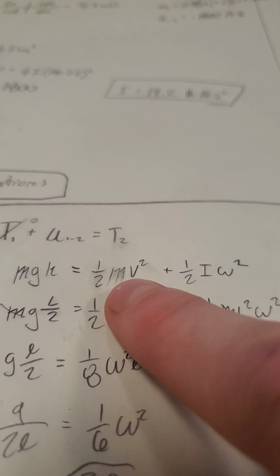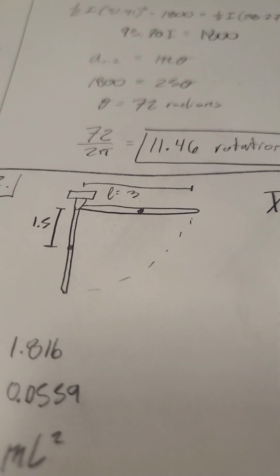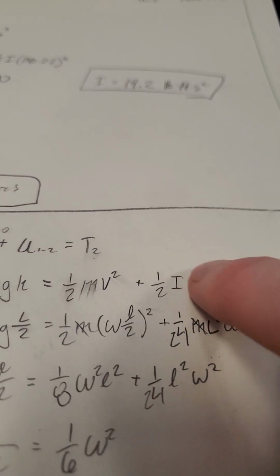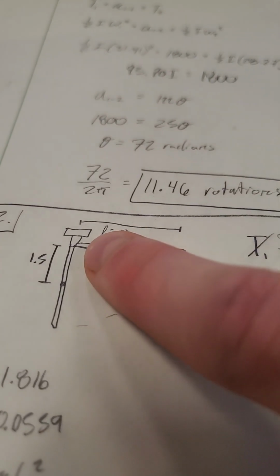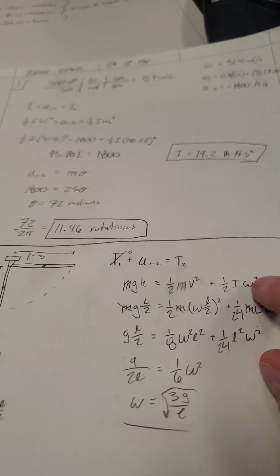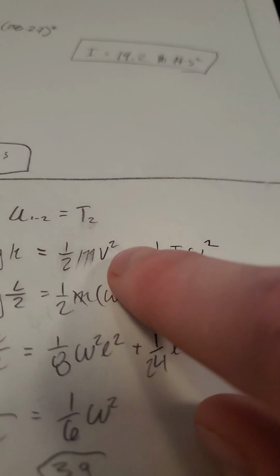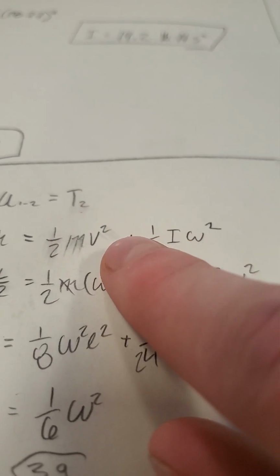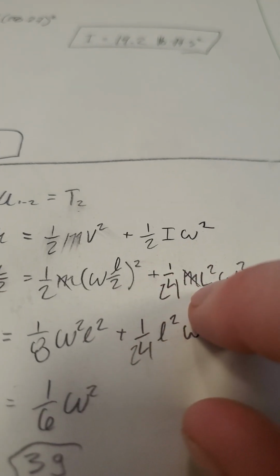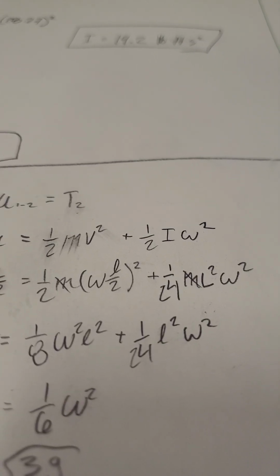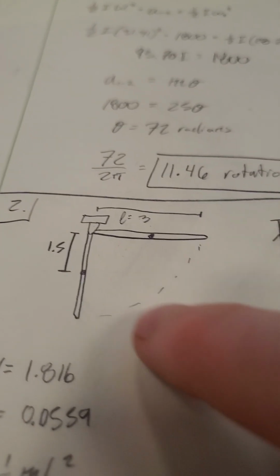So in this case, we have translation. The bar is actually moving down. And there's also rotation because it's around a fixed point at A. So we know that it's going to have 2 parts for the kinetic energy equation. We also know that velocity rotating around a fixed point is going to equal the angular velocity times the radius.